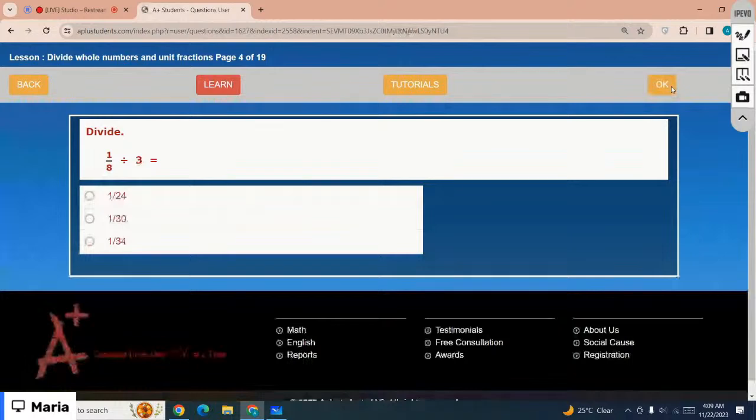Okay, the next one is 1 over 8 divided by 3, which is the correct option?